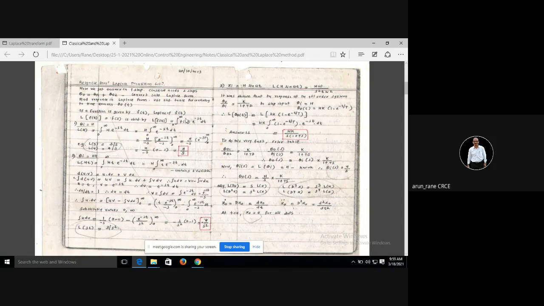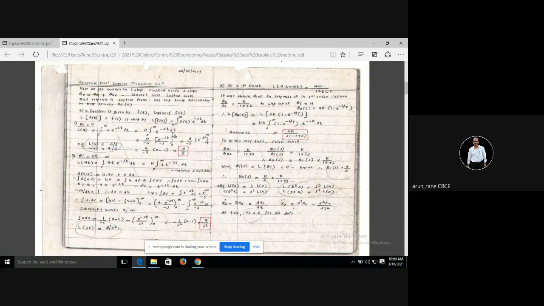What is my f of t? My f of t is nothing but h. So I write h into e raised to minus st into dt. Now h is a step input, that is a constant, so I will take it out. So h is out here: h times the integration from 0 to infinity of e raised to minus st into dt.